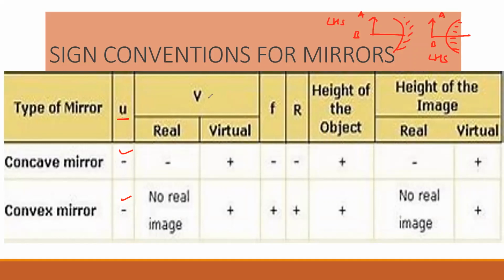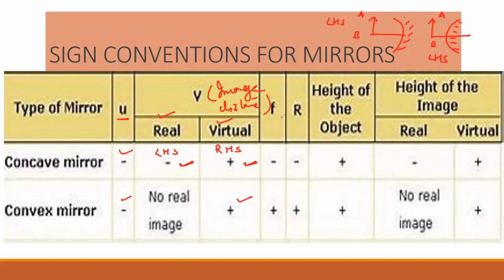Coming on to image distance V, it depends on real and virtual. Real forms always on the left hand side, and virtual forms on the right hand side. So right hand is positive and left hand is negative.